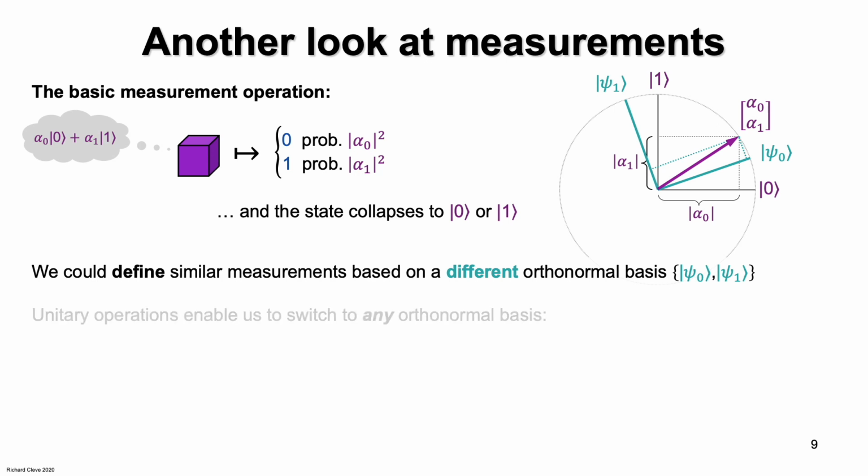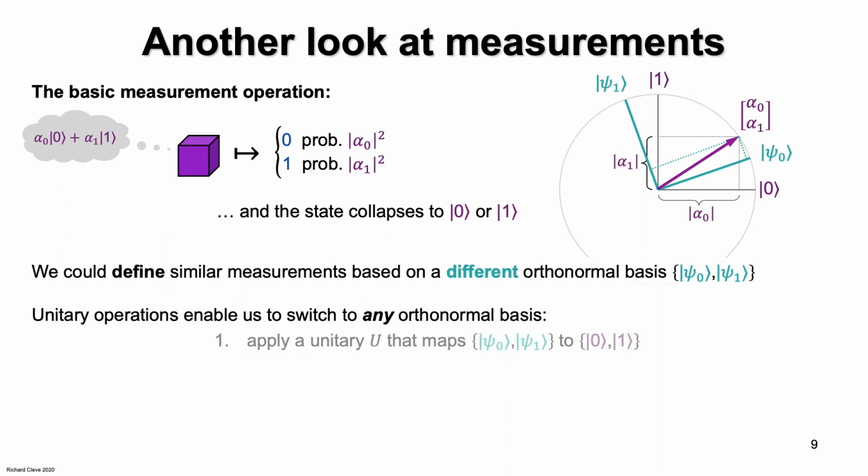One way of thinking about what unitary operations do is that they permit us to perform measurements with respect to any alternative orthonormal basis. We have our basic measurement operation, which is with respect to the computational basis. If we want to perform a measurement with respect to a different orthonormal basis, then we carry out the following procedure.